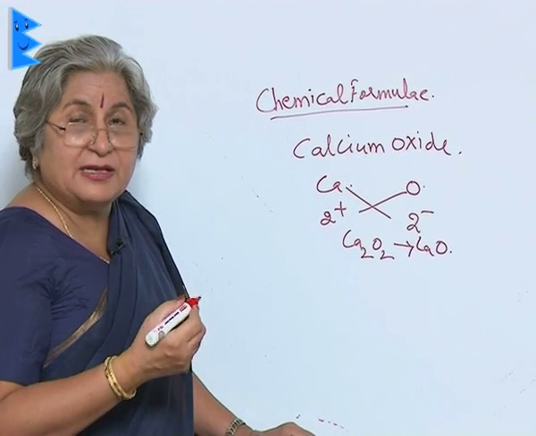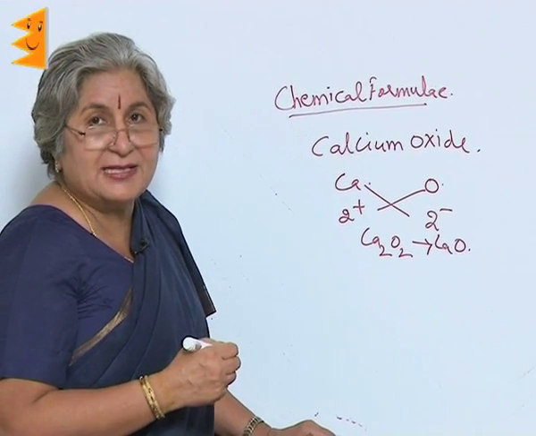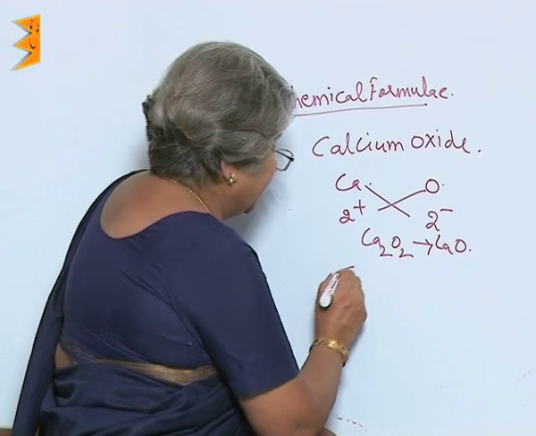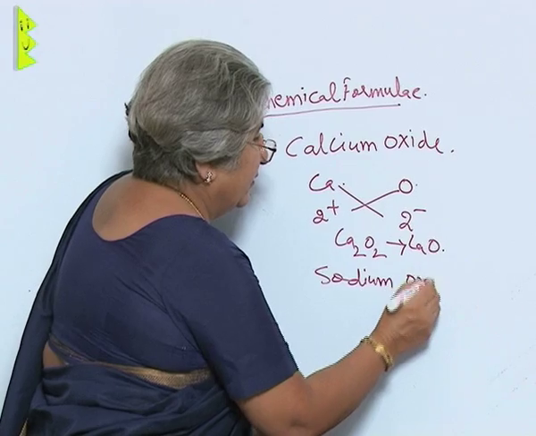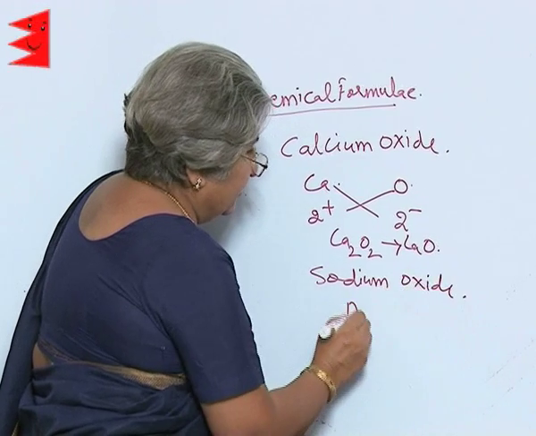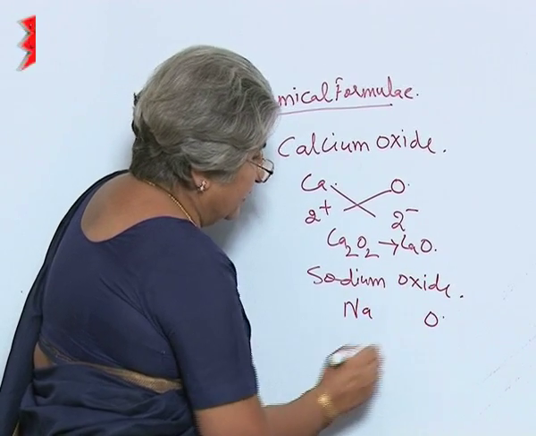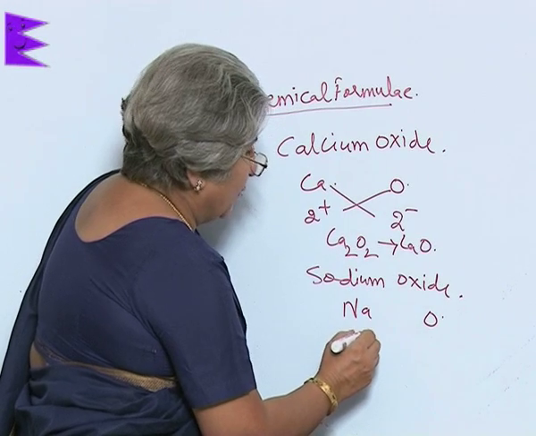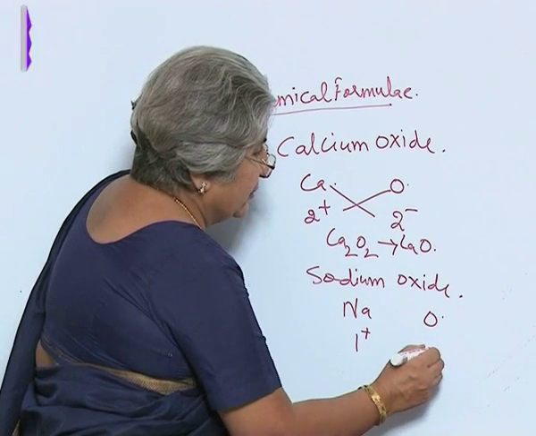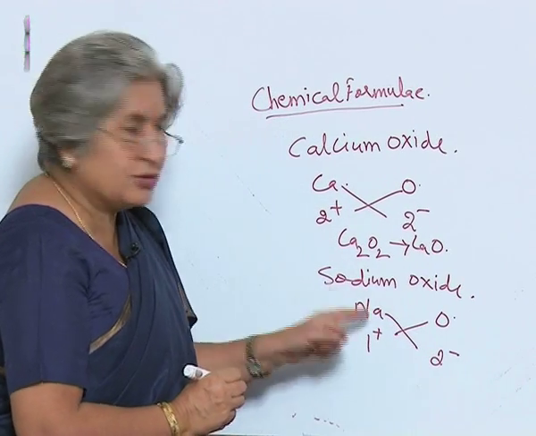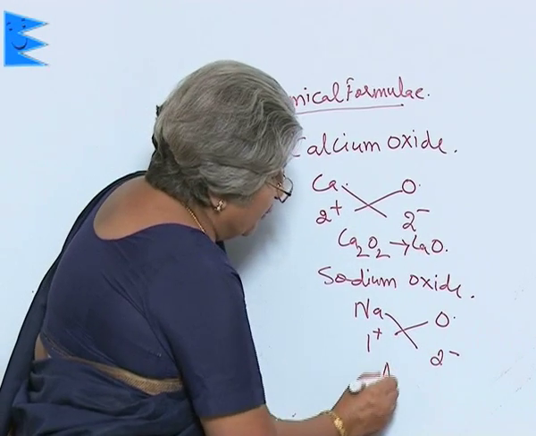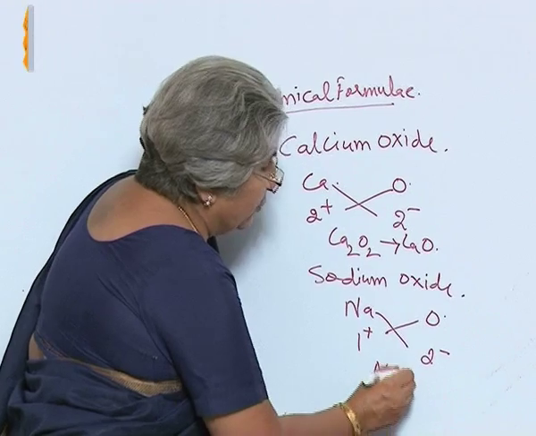Now, what happens when valencies are different, as in case of sodium oxide? Sodium, oxygen, this is 1 positive, this is 2 negative. So, when we crisscross, 2 goes to sodium. So, the formula will be Na2O.